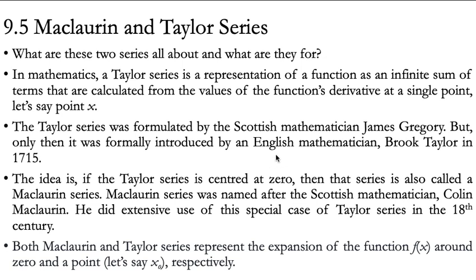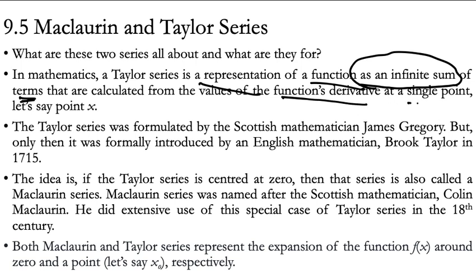Now, in mathematics, when we talk about Taylor series, it is actually a representation of a function as an infinite sum of terms that are calculated from the values of the function's derivatives at a single point.